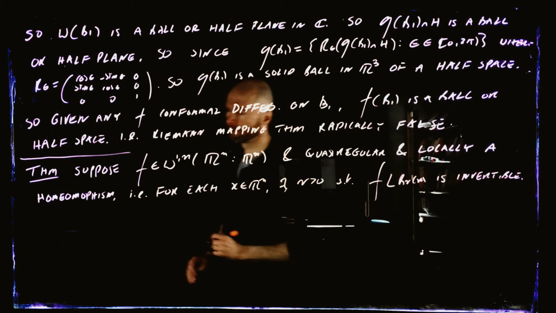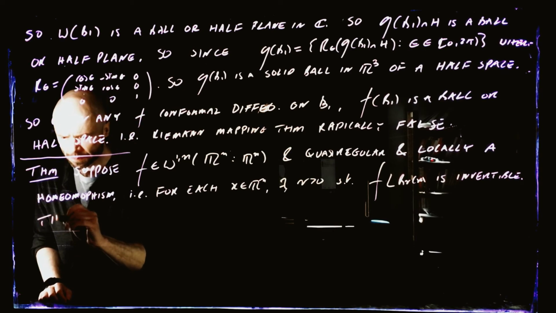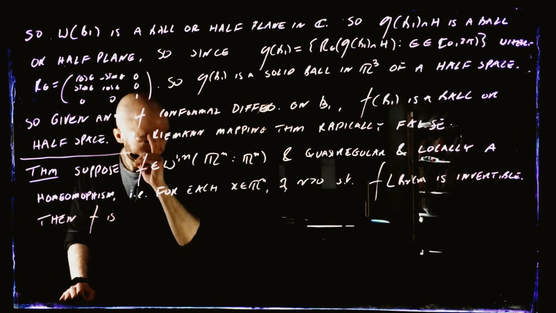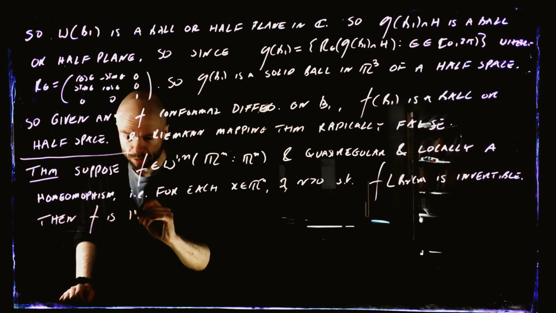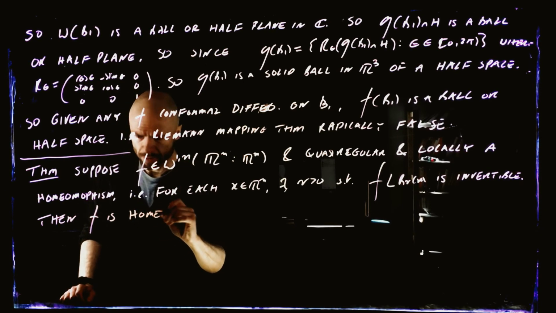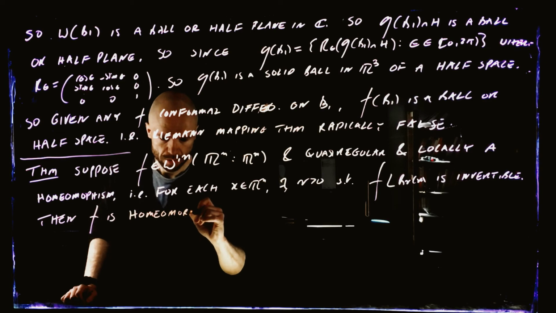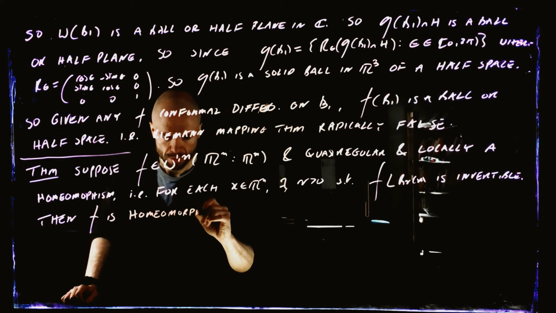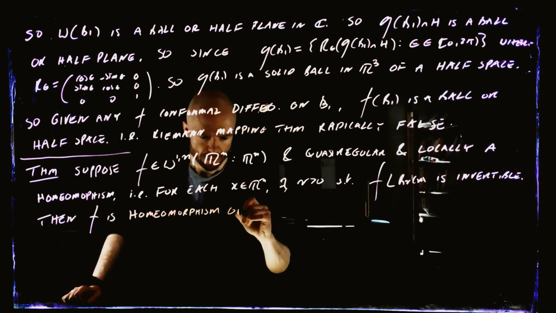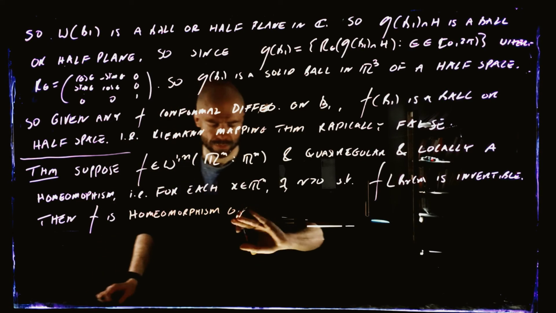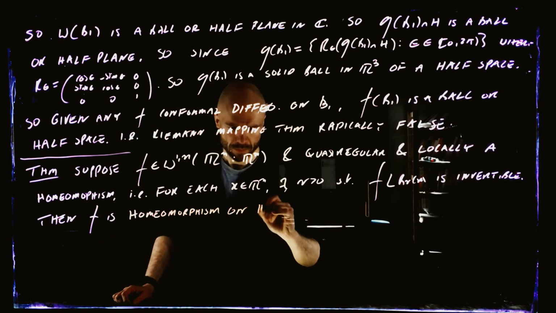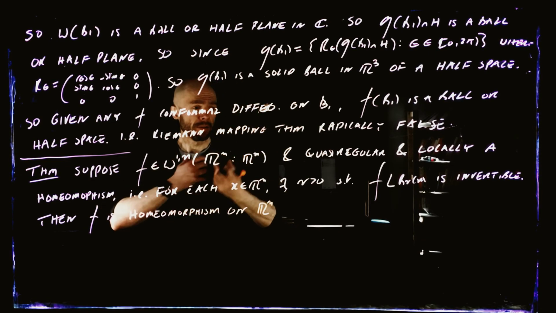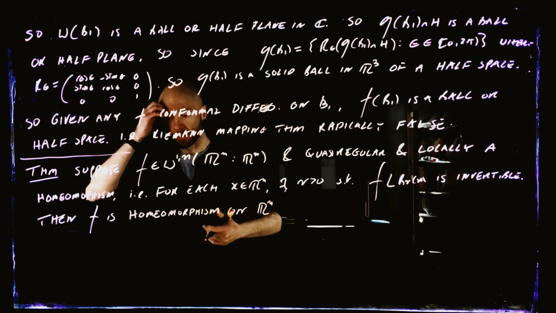Okay. Then f is actually a homeomorphism on the entire Rn. It's globally invertible. So being locally invertible gives us that we're actually globally invertible.